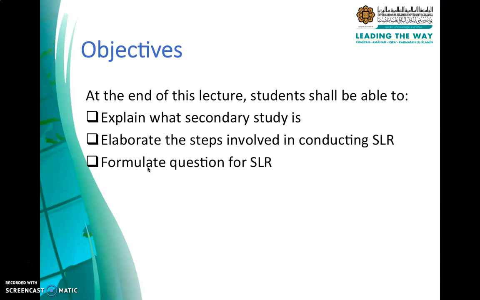So first of all, you have to gain some understanding about what a secondary study is. Then from there, you will see what steps are needed in order to perform or conduct a secondary study. One of the secondary studies that we will focus on for this topic is what we call systematic literature review, or shortly known as SLR.